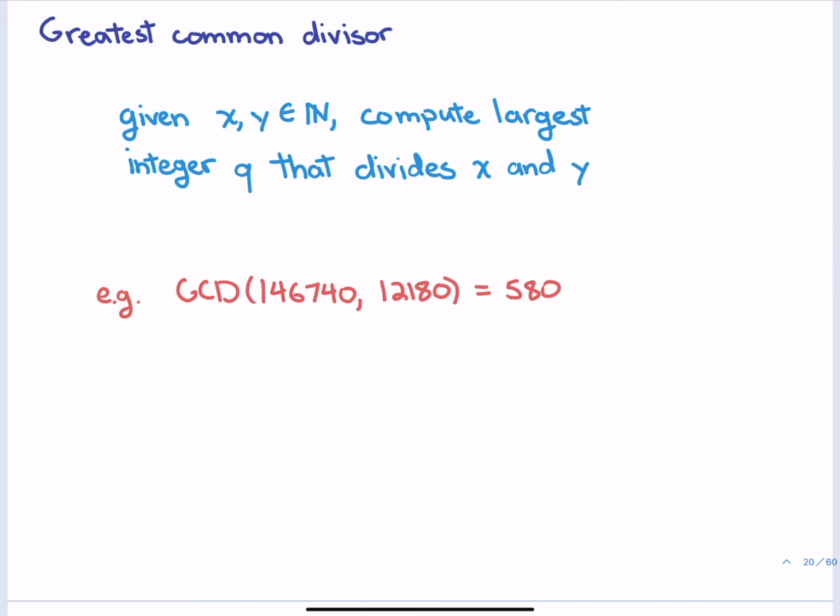I have some hints coming up, but I still give you a chance before any hint. Oh, okay, so you can factor them into their prime numbers and then take the common primes. But that's also a lot of work.